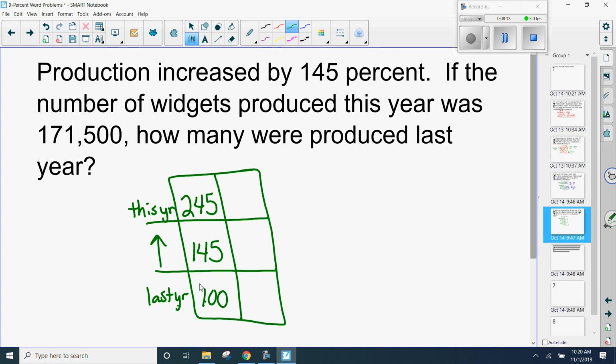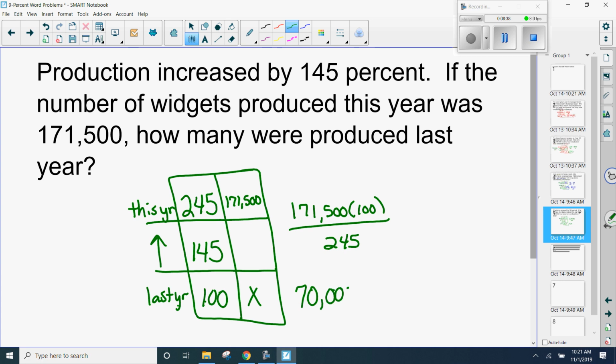And the number of widgets produced this year was 171,500. How many were produced last year? So what do you multiply together? 171,500 times 100 and divide by 245. And your calculation shows how many widgets are there? 70,000 widgets last year.